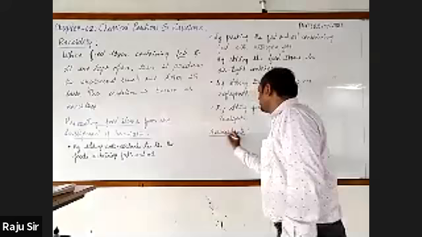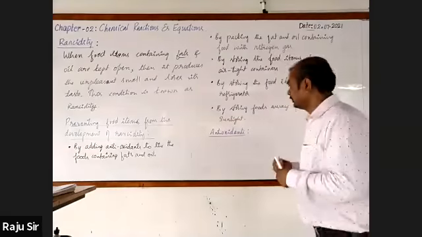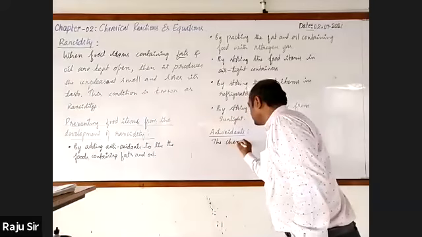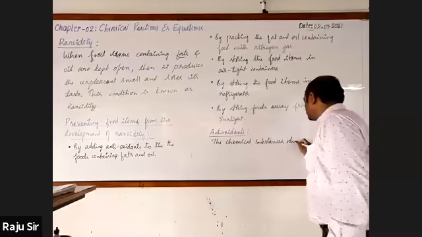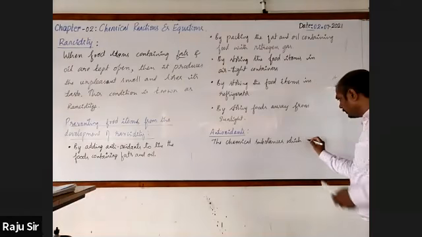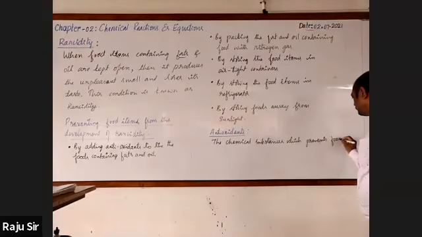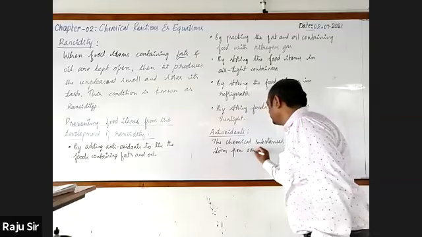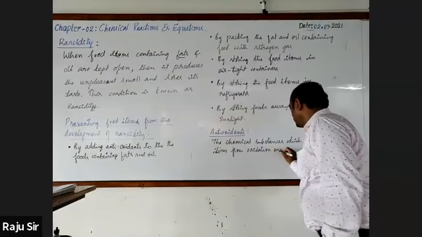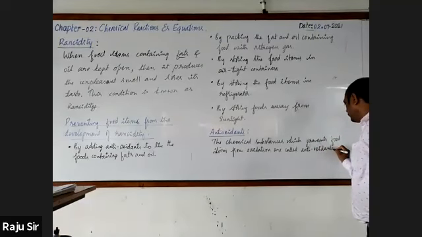Antioxidants: the chemical substances which prevent food items from oxidation are called antioxidants.